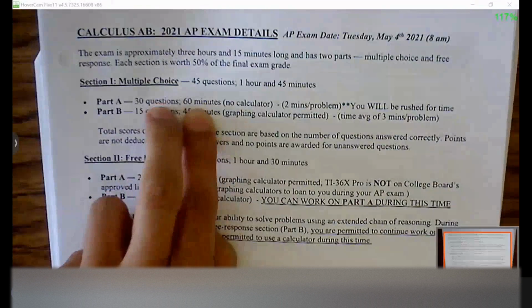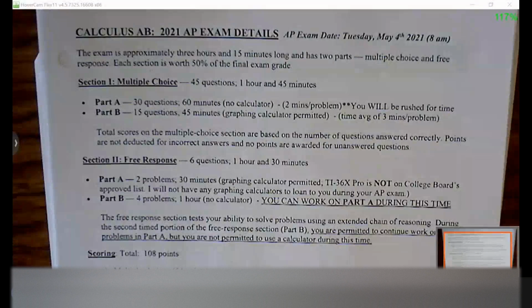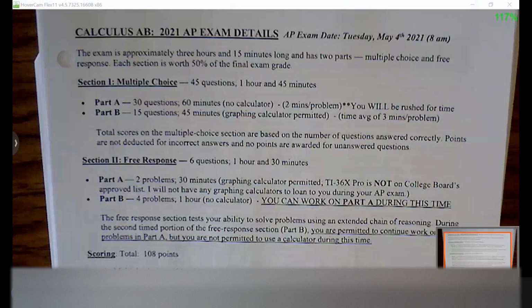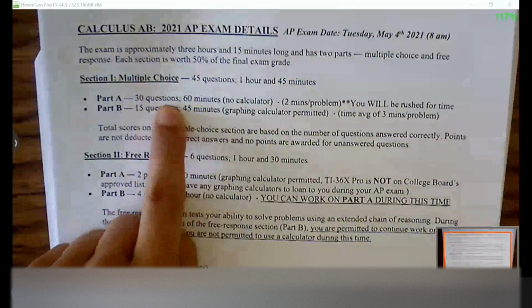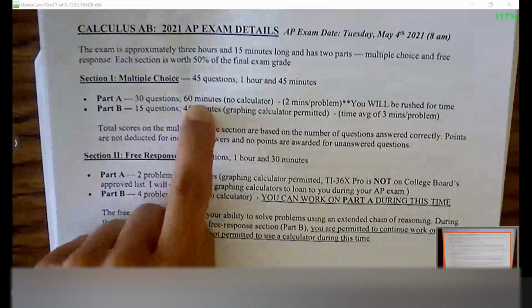Now, think about the multiple choice test that you just took with me. I gave you two half-hour periods, maybe a little bit more than an hour when we add it all together, for 16 multiple choice questions. And now you have to do 30 multiple choice questions in that 1 hour time period.